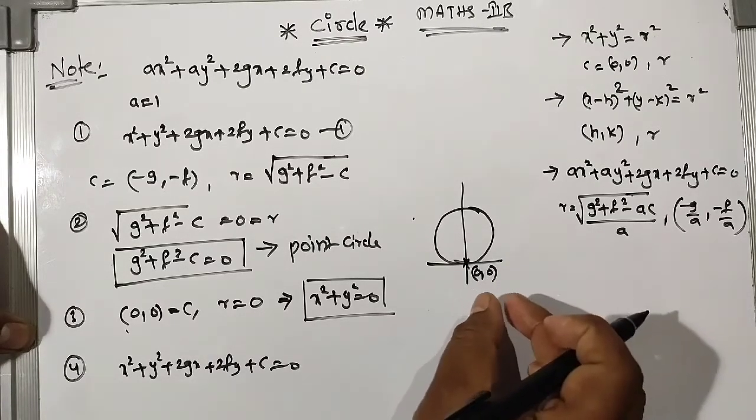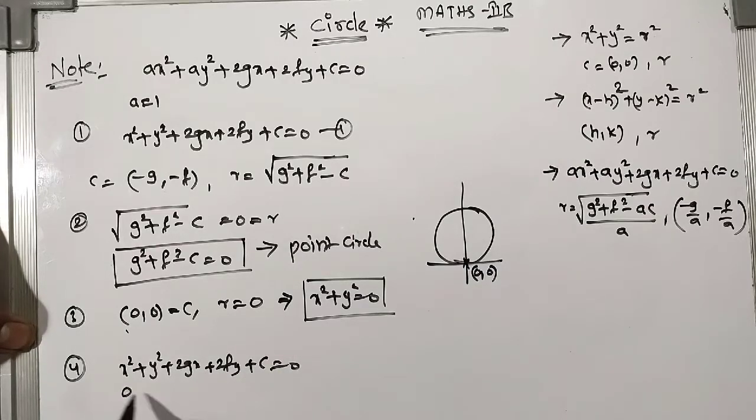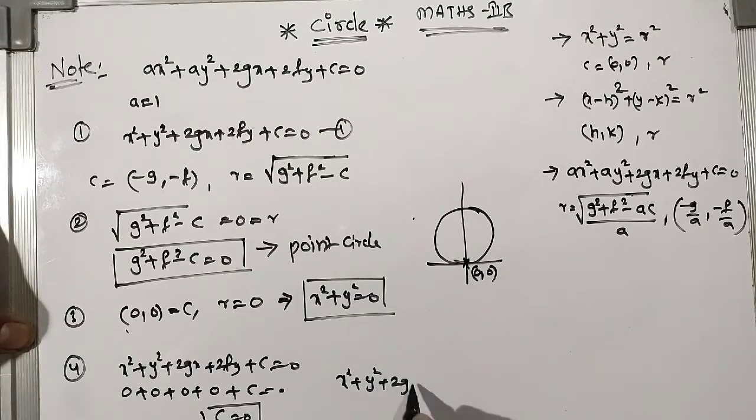So write x is equal to 0 and y is equal to 0 in the equation. Then it becomes 0 plus 0 plus 0 plus 0 plus c is equal to 0. Then c becomes 0. In which equation will c be absent? For example, x square plus y square plus 2gx plus 2fy is equal to 0. Then the circle passes through the origin.